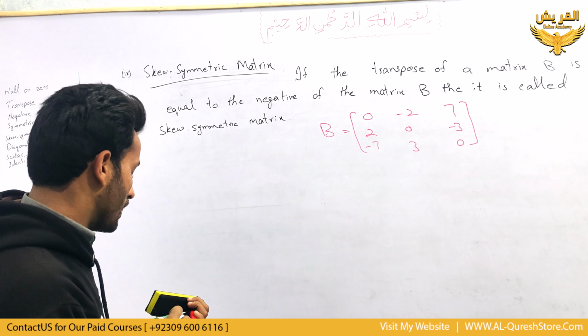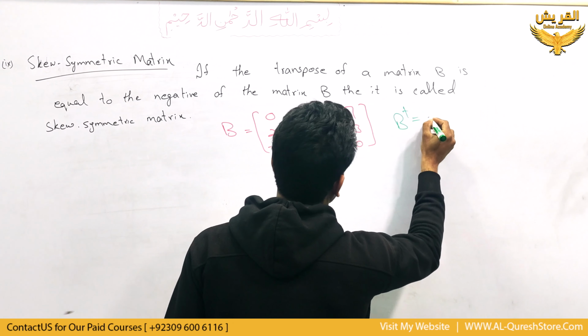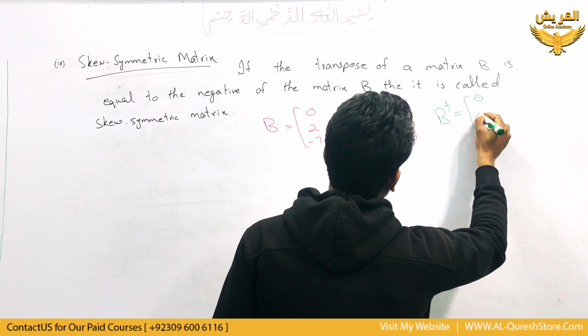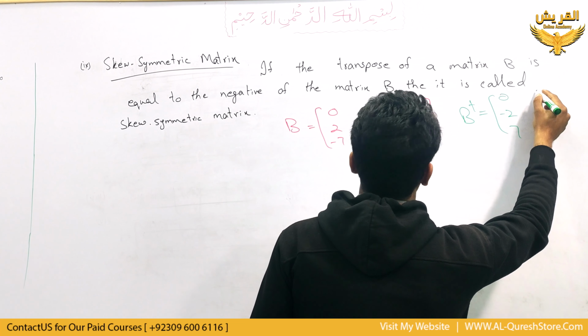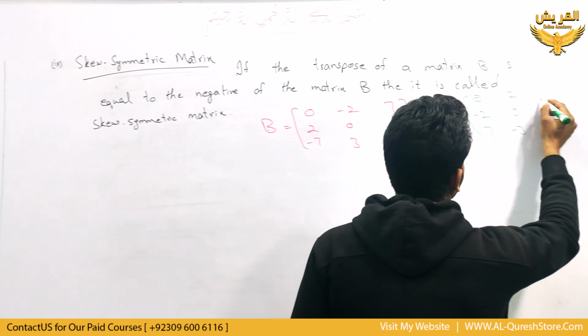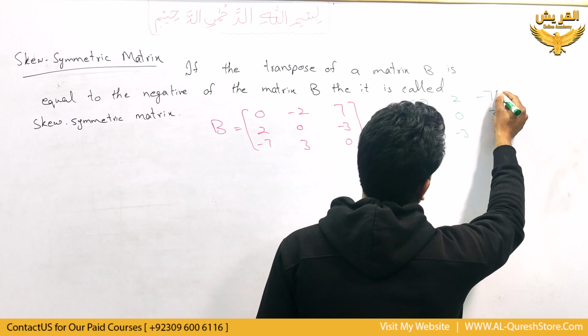In case of the transpose of matrix B, B transpose is equal to 0, 2, minus 7, minus 2, 0, 3 and 7, minus 3, 0.